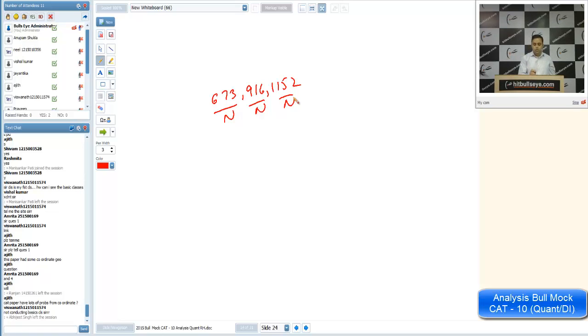So you have to just find the differences in pairs, just like 673 and 916. The difference will be 243, and if we take the difference of these two numbers, this will be roughly 236.